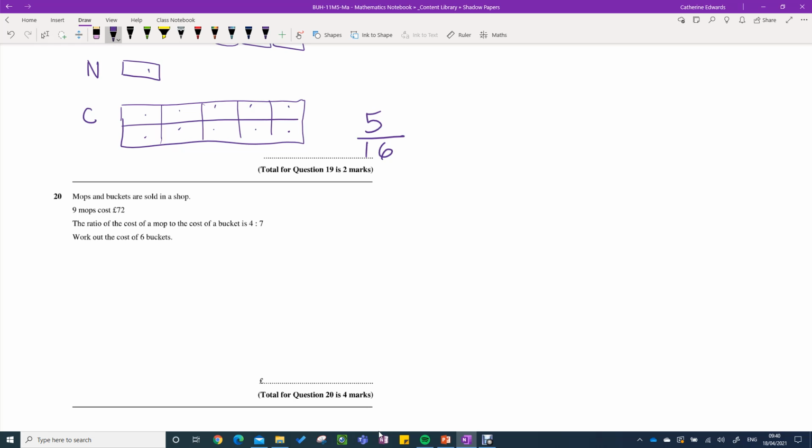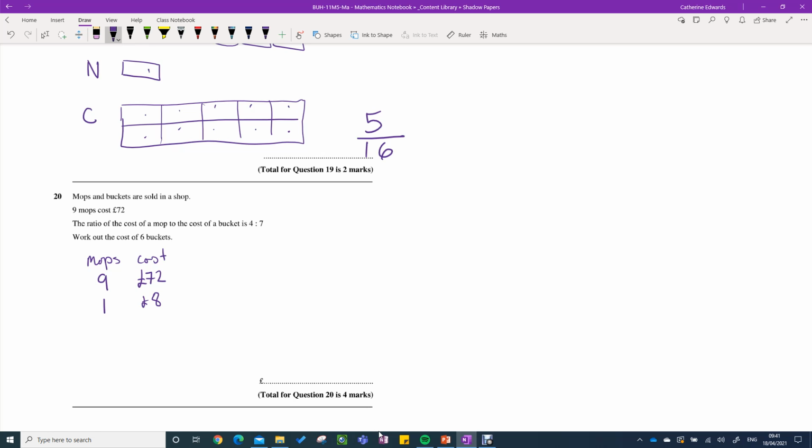Okay. Mops and buckets are sold in a shop. 9 mops cost £72. So mops and cost, 9 mops, £72. Well, that's one mop is going to cost £8. So we've done that little bit there.